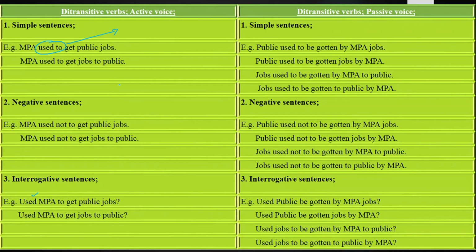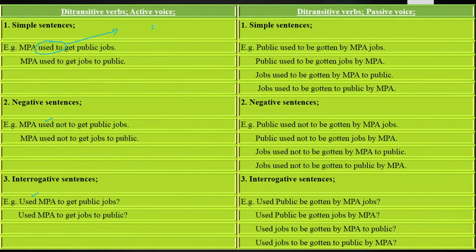We should not change it into, like we make the sentence, he used to get public jobs, and MPA did not used to get. If you say that, then you have changed the structure of the sentence, and made it a structure with a specific shape.